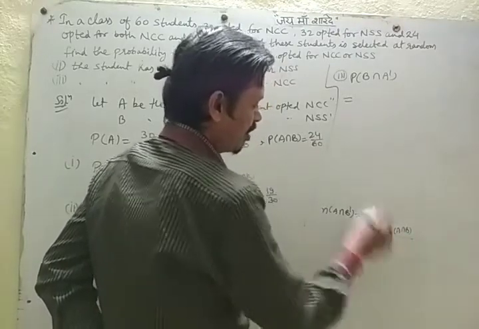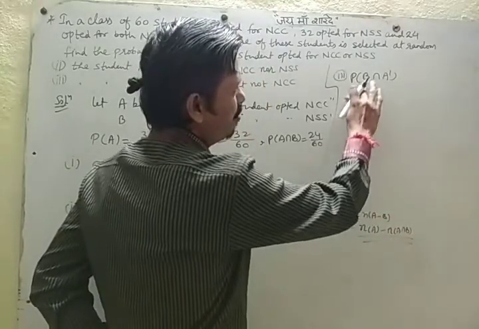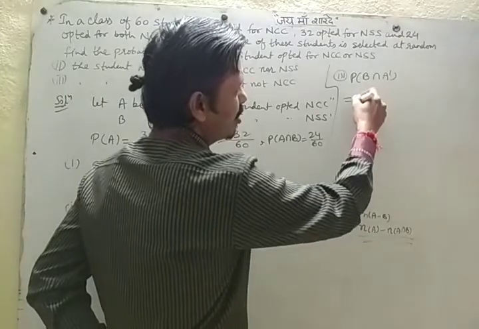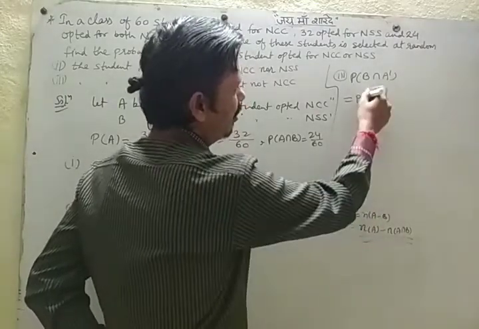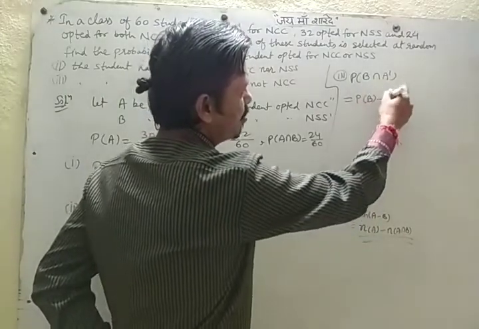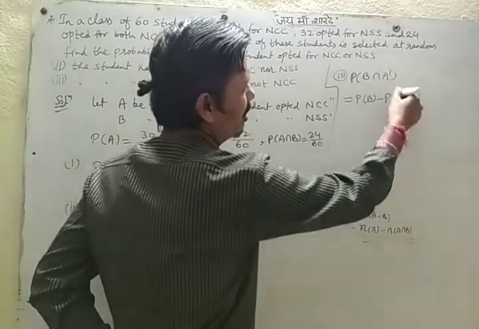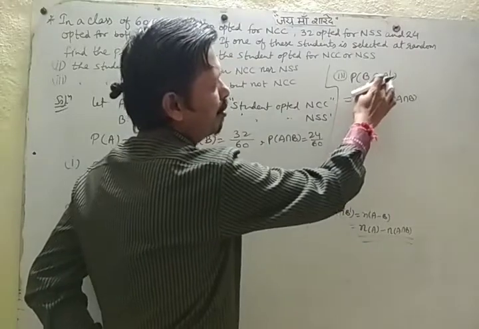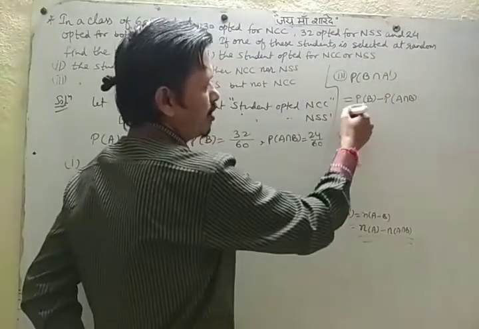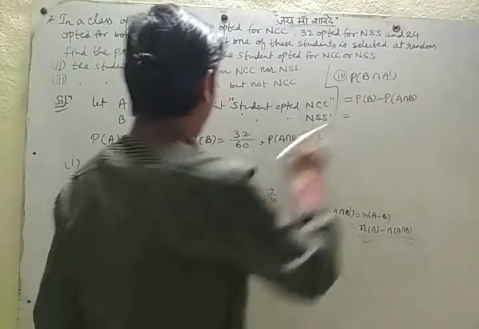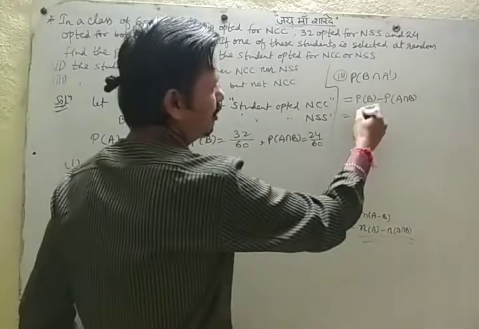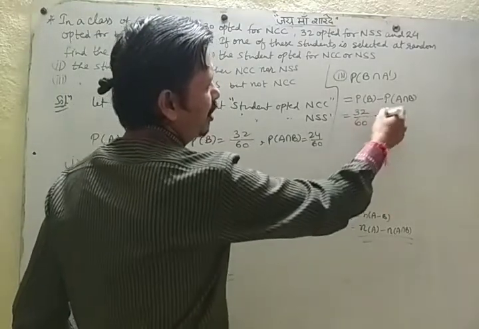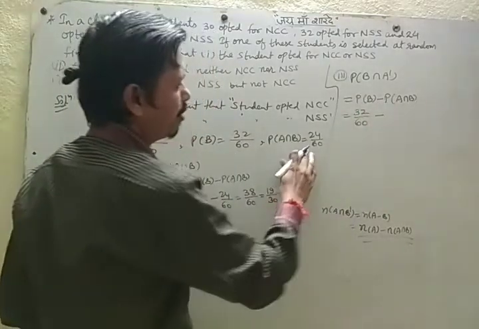So this will give you the probability of B intersection A dash is the probability of B minus the probability of A and B. This is the formula for B but not A. So P of B we have 32 by 60 minus P of A and B, we have 24 by 60.